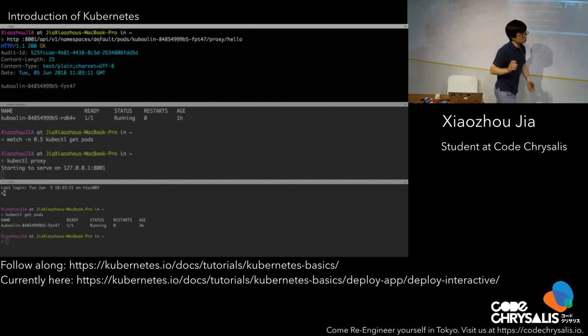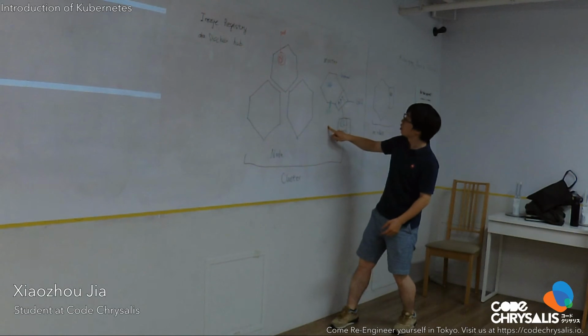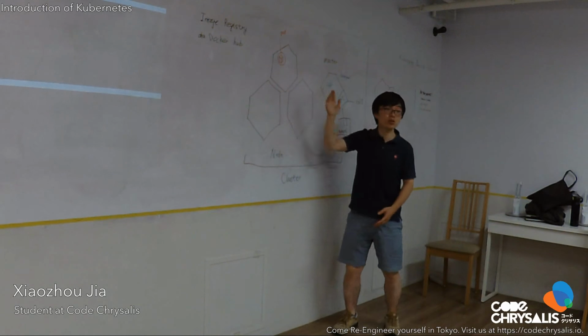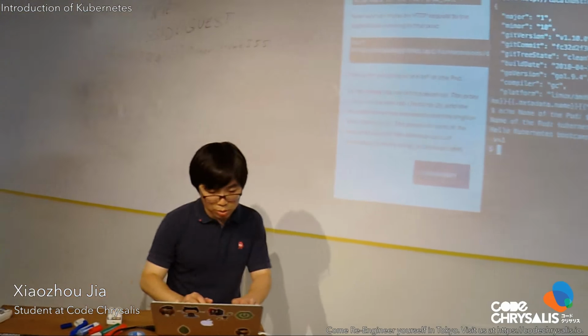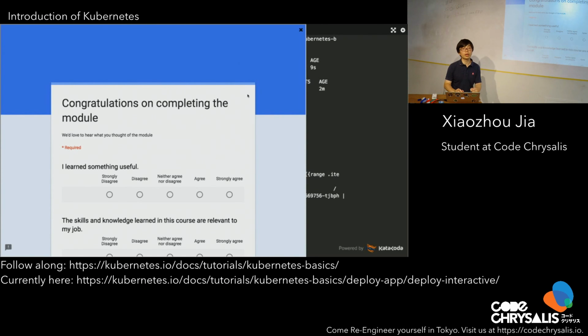So what's just happened is we go into this application pod via this proxy. So there is a long line here. That's what just happened. So let's move on to summary, and we are done with the second module.